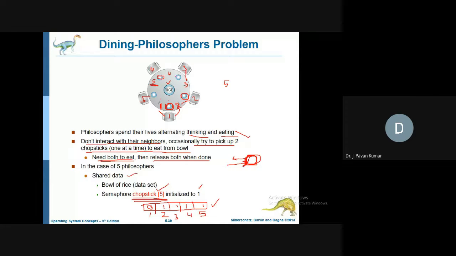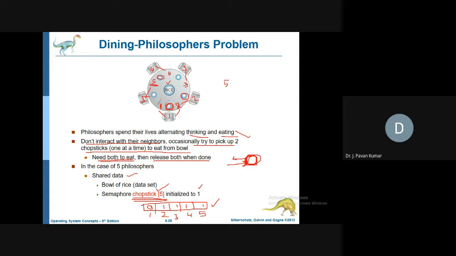Next, the third one is held by the third philosopher. The fourth one is held by the fourth philosopher. The fifth one is held by the fifth philosopher. What is required for the fifth philosopher to eat? The fifth chopstick and the first chopstick. But the first one is held by the first philosopher.